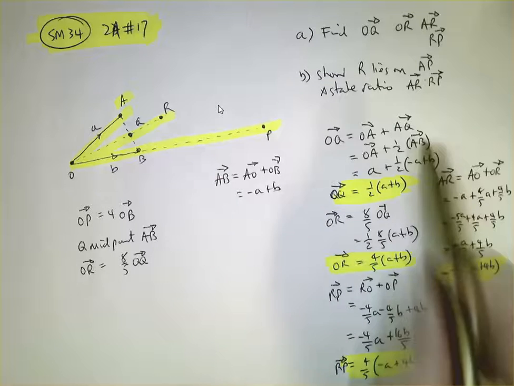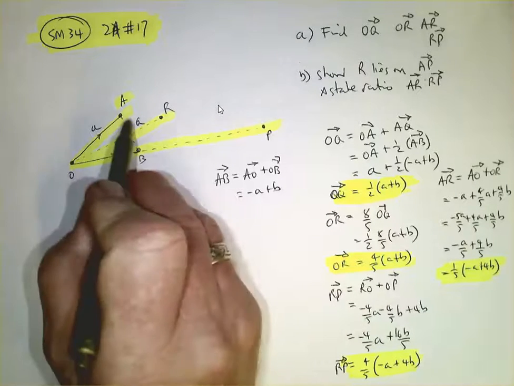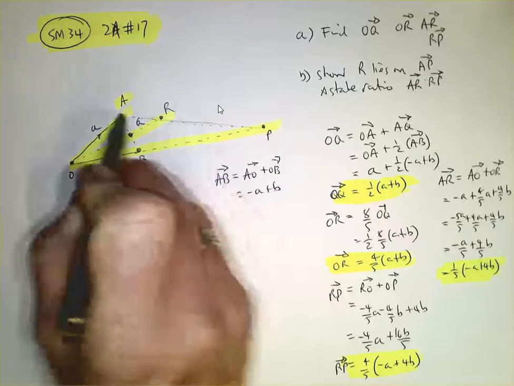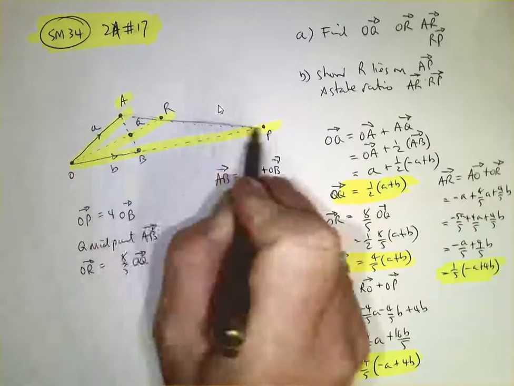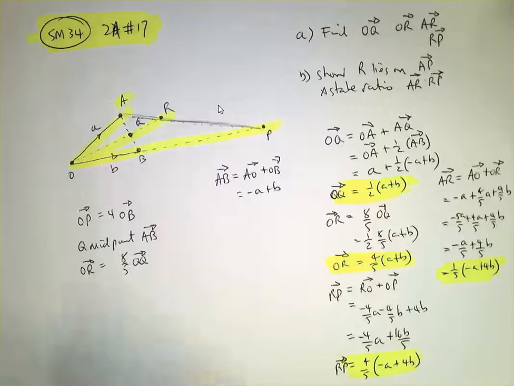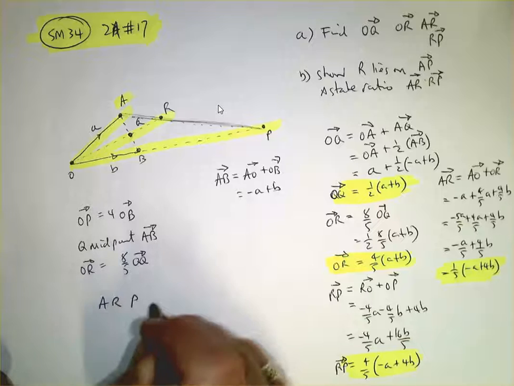Part B, show that R lies on the line from A to P. So, if R falls on that line, the way I can prove that is another way of saying that A and R and P are collinear.